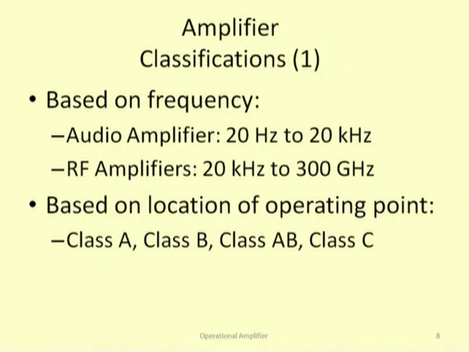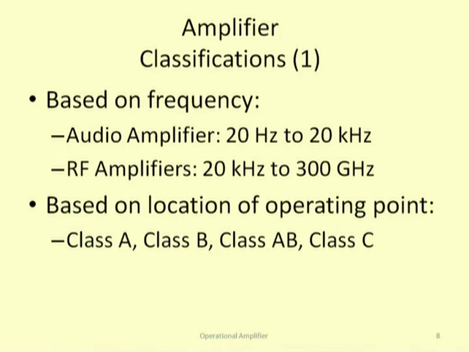Now we can have different types of amplifiers. Amplifiers could be classified based on various parameters. One parameter could be the frequency of the input signal which we want to amplify. Here two types of amplifiers are mentioned in the slide. One amplifier is called the audio amplifier.